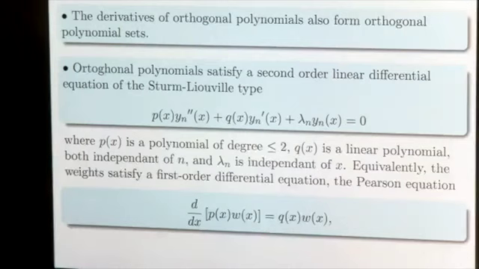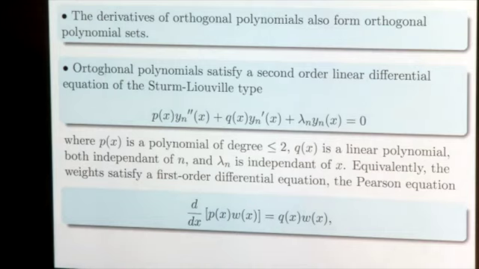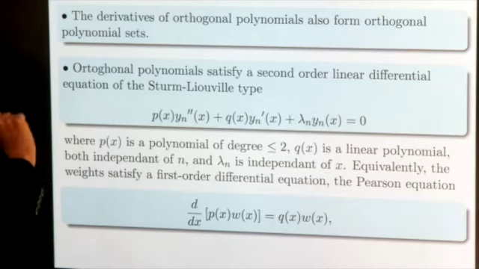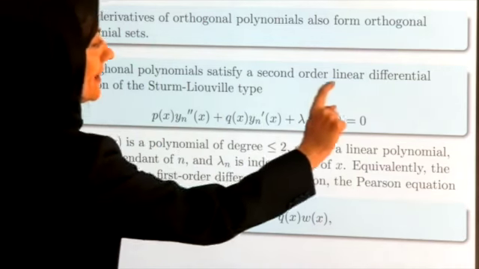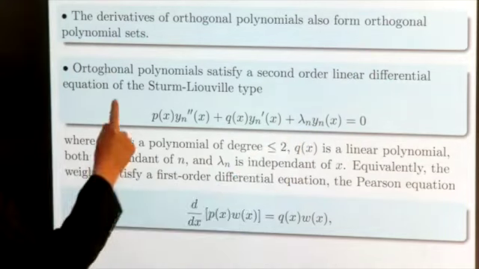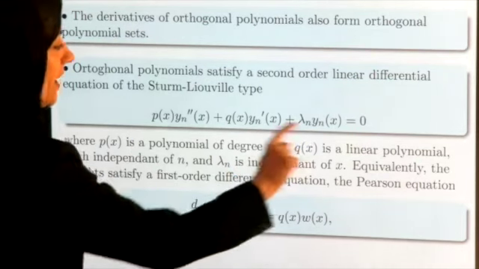Another interesting property of orthogonal polynomials is that the derivatives of orthogonal polynomials also form an orthogonal polynomial set. Here we have orthogonal polynomials satisfying a second order linear differential equation of the Sturm-Liouville type.